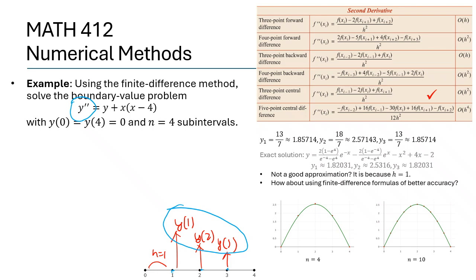Secondly, we want the truncation error to be smaller. We have a much smaller truncation error with the 5-point central difference formula. However, we will see at how many points this formula is valid.